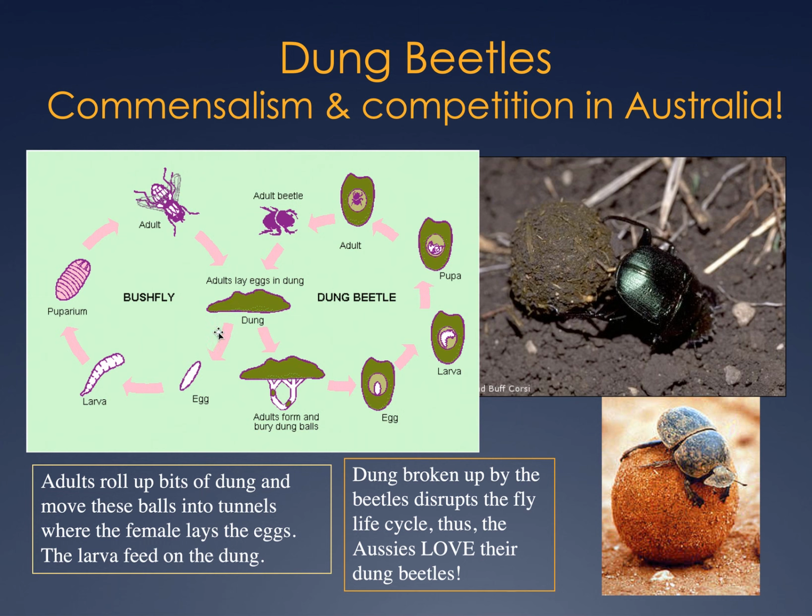But then they thought through the situation and they introduced dung beetles that were appropriate for these particular cattle. And they sort of solved the problem, because then they had dung beetles breaking down the dung before the bush flies could lay a significant number of eggs. So, as it says to the right, Aussies, people in Australia, love their dung beetles.